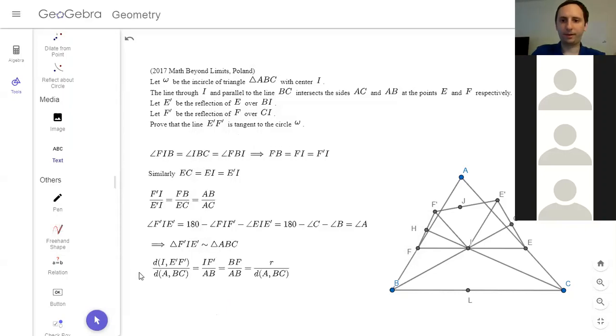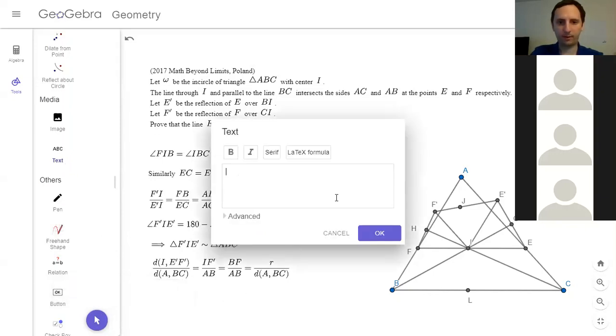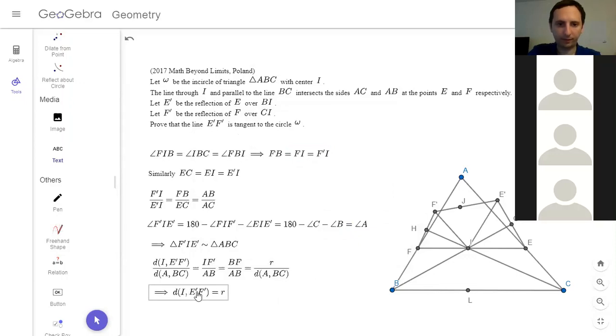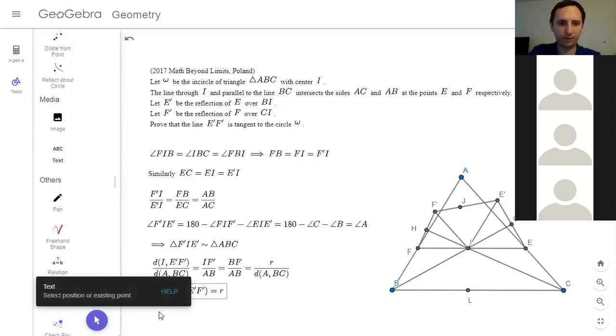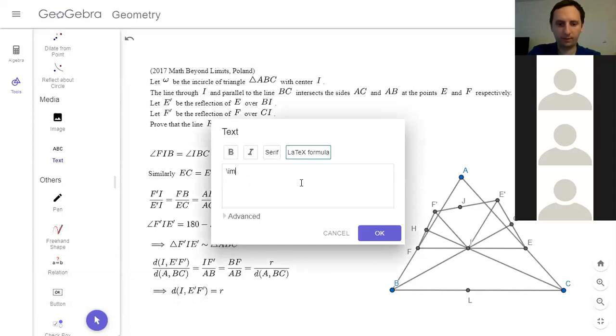And so that means that the distance from I to E prime F prime is equal to R. And if that's true, that means E prime F prime is tangent to omega.